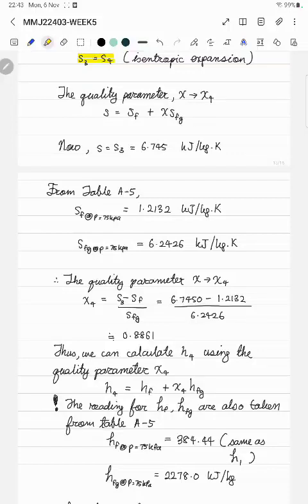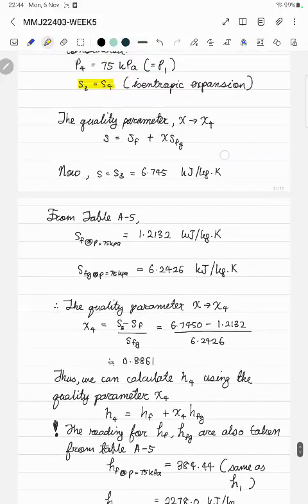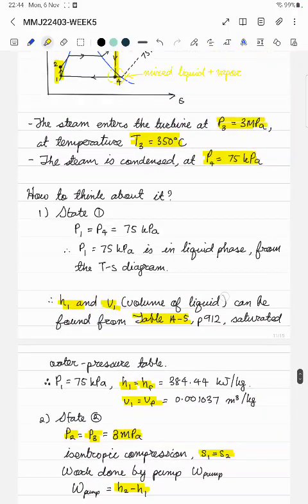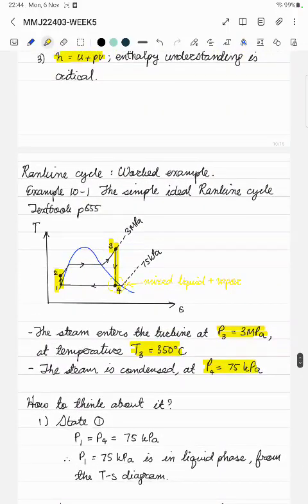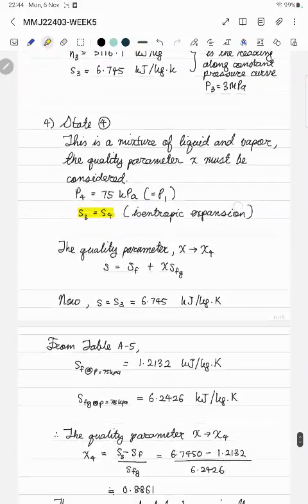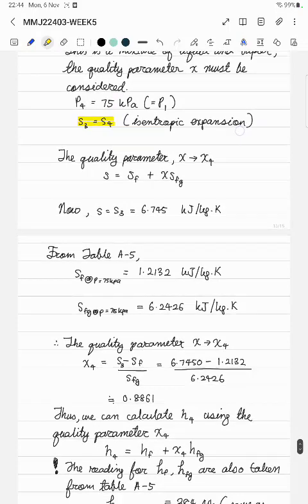So simply put, at this stage there are more gases; the percentage of gas is bigger than the percentage of fluid, at S4.